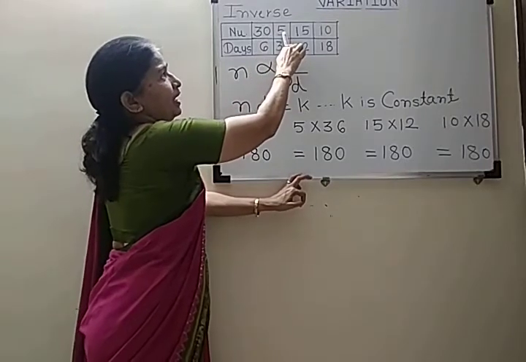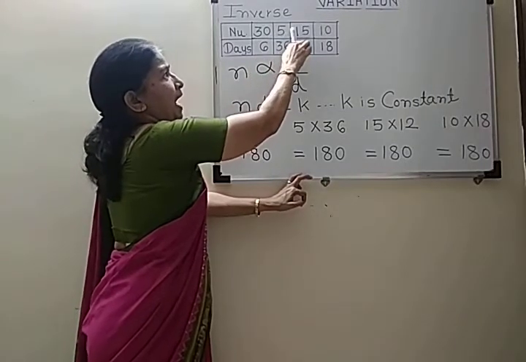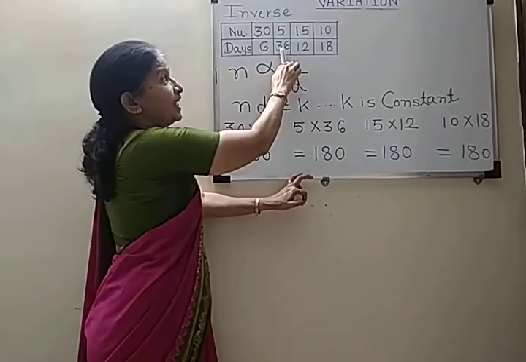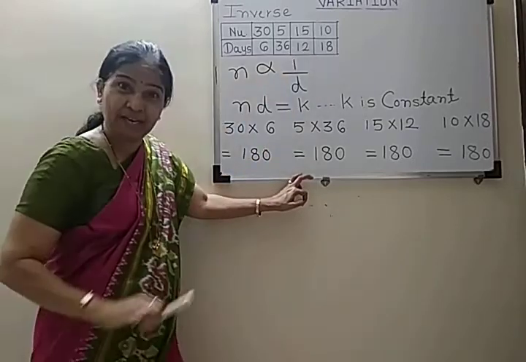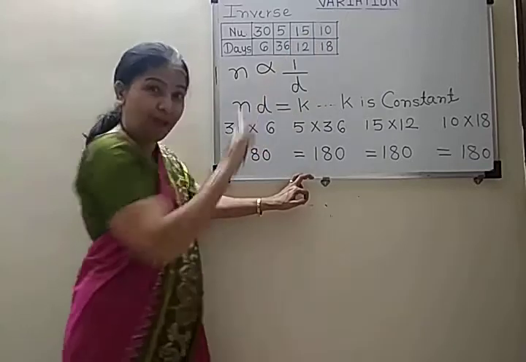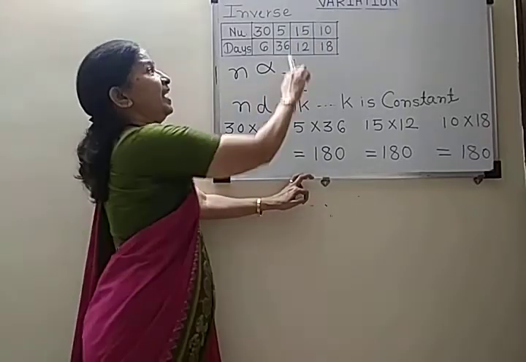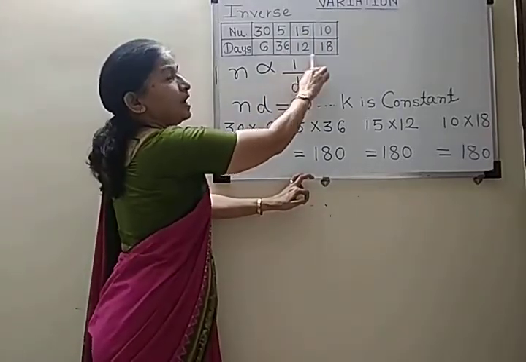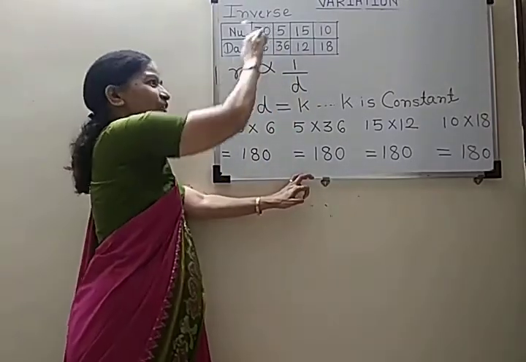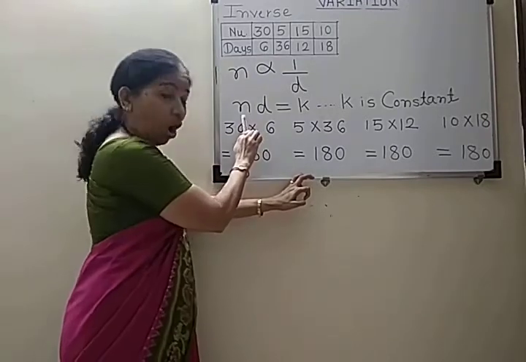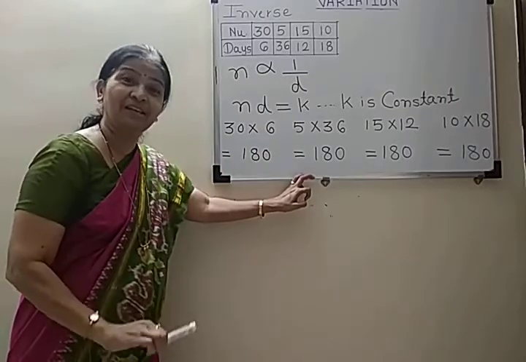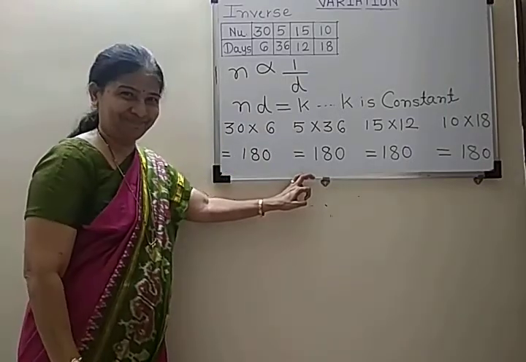See, one factor went from 5 to 15, and at that time 36 became 12. Means an increase of one factor causes a decrease of the second factor. And in inverse variation, always multiplication is constant.